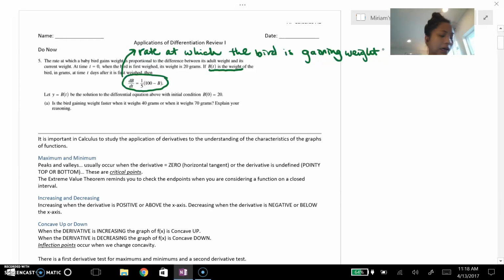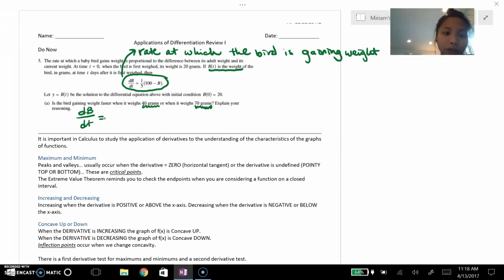Part A says, is the bird gaining weight faster when it weighs 40 grams or when it weighs 70 grams? Explain your reasoning. So you can go ahead and pause the video and try out something here to figure out the answer. What I'm going to do is take 40 grams and plug into dB over dt, because I'm going to get the rate at which the bird is gaining weight.